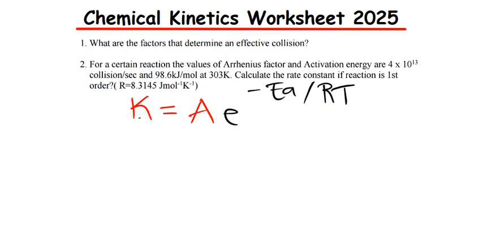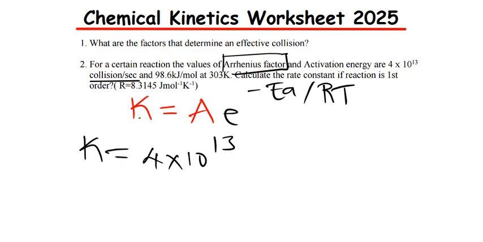I'm talking a lot. So k is equal to our A, which in this case is 4 × 10^15. That's the collisions per second. So that's the Arrhenius factor. And then exponential is just a function on your calculator. And then our activation energy is the second part, which is 98.6.